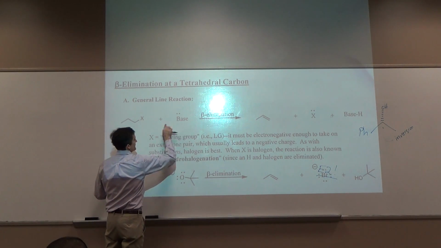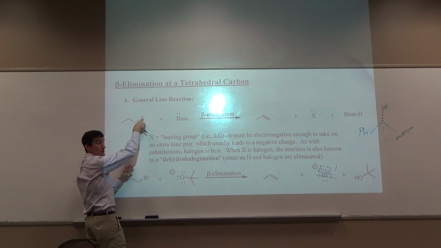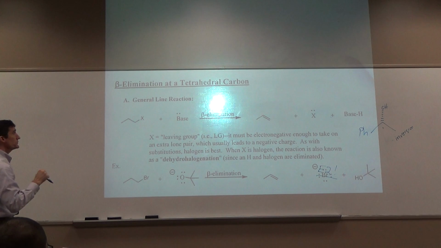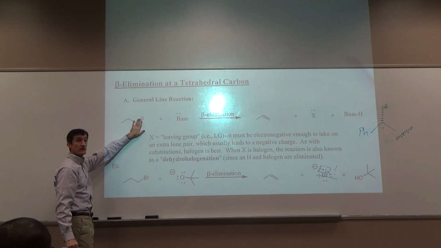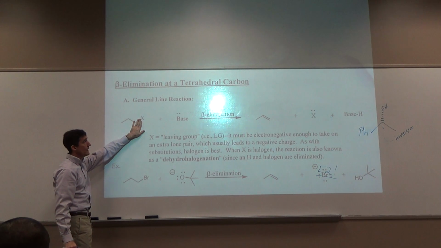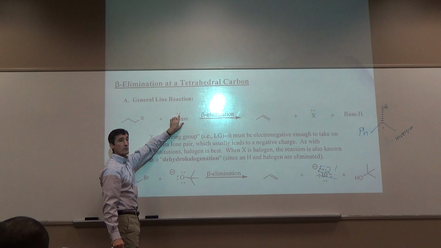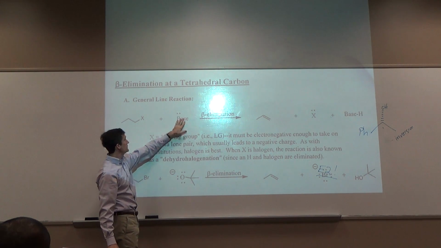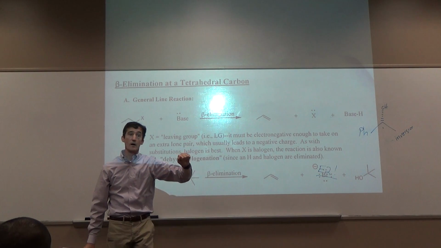General reactions. We've got a carbon with a leaving group, just like substitution. Tetrahedral carbon with a leaving group. And we know what type of leaving groups are best, right? It's the same thing. Here we're going to have something with a lone pair. But we're not going to call it a nucleophile, we're going to call it a base, because it actually is going to take an H. When something takes an H, we call it a base.